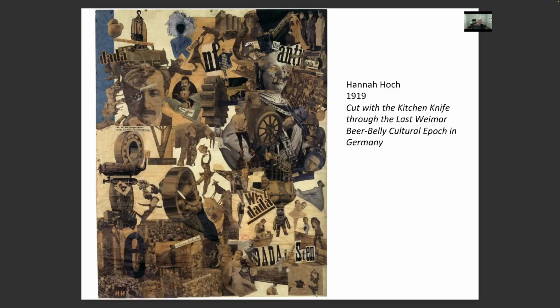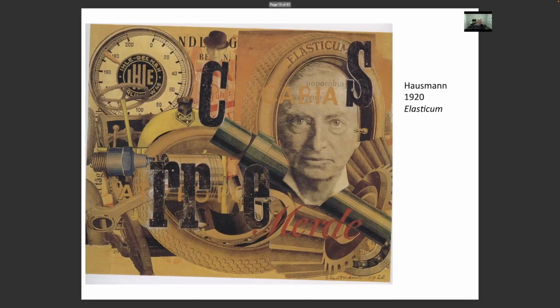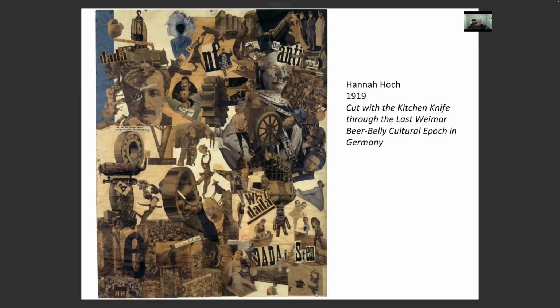Okay, so we see that we have this ballerina right here from Hannah Höch, right? And this ballerina is part of this overall chaotic composition, which is sort of describing what Berlin was like between World War I and World War II. Sorry, a really wild time there.